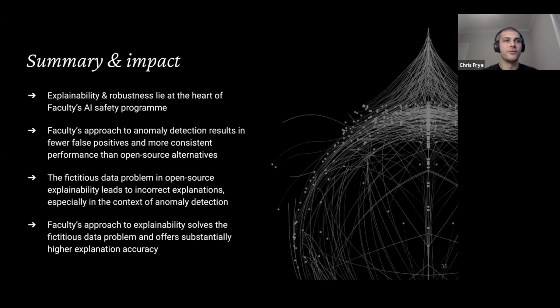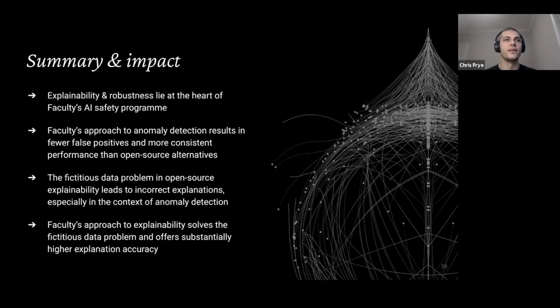Okay, so that's all the material that I have, so I'll summarize quickly. We saw at the beginning of the talk that explainability and robustness lie at the heart of Faculty's AI safety program. Faculty's approach to anomaly detection results, we saw, in fewer false positives and more consistent performance than open source alternatives.